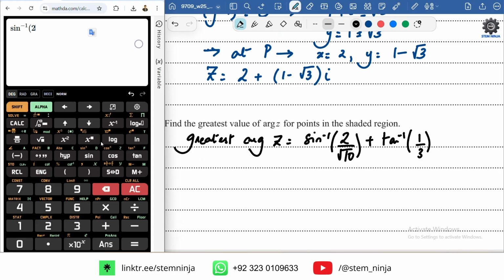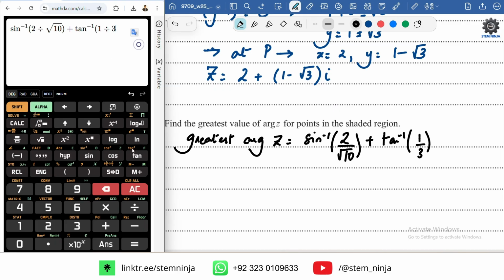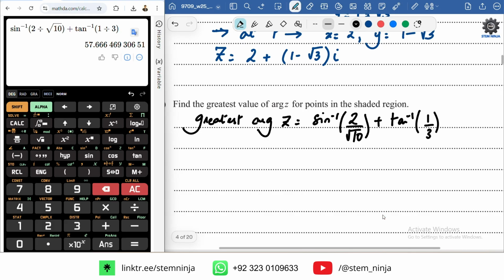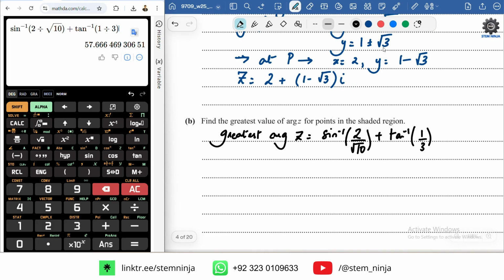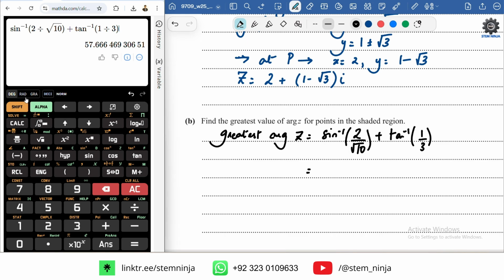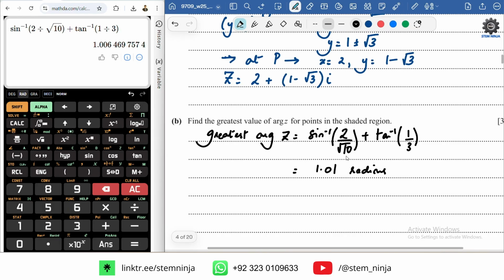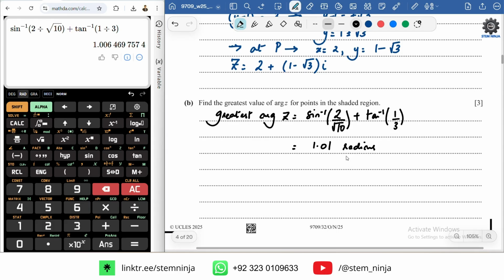So sin⁻¹(2/√10) + tan⁻¹(1/3). So that's 1.01 radians. That's it. Alright, so let's move on to the next question.